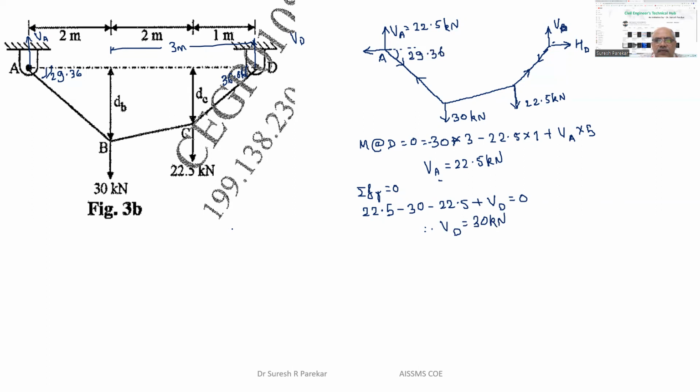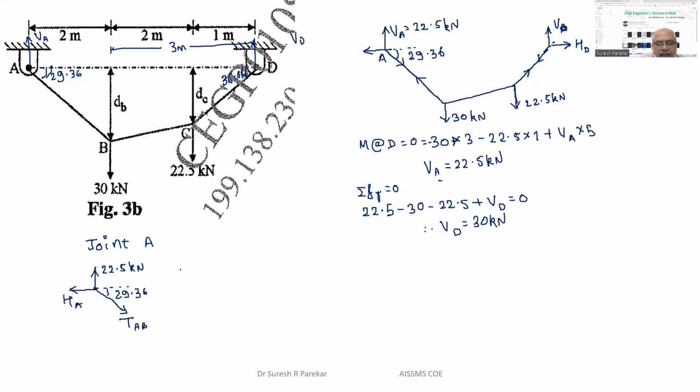Now we have this angle 29.36. If I consider joint A, then at joint A I have this reaction, which is 22.5, this cable at angle 29.36, this is TAB, and we have this as HA.